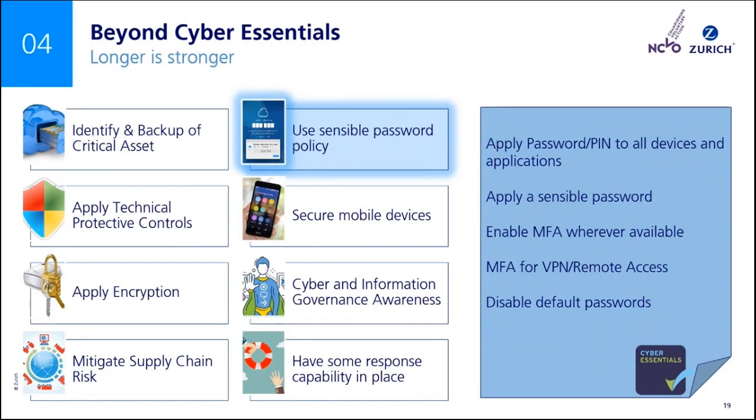If MFA is available, enable it. MFA is really a very good thing. So multi-factor authentication, if it is available, just simply enable it. It's really good. But MFA for VPN or remote access is a must. So if you're connecting into your charity's environment from outside, you must have an MFA. And finally, disable all default passwords.